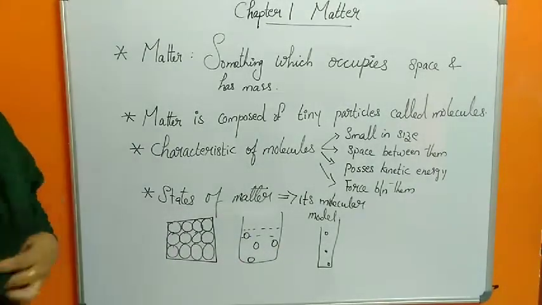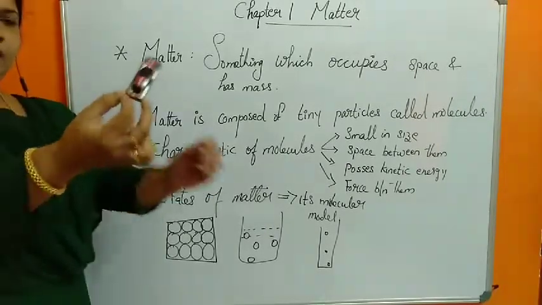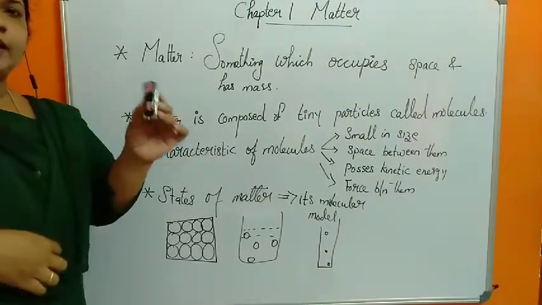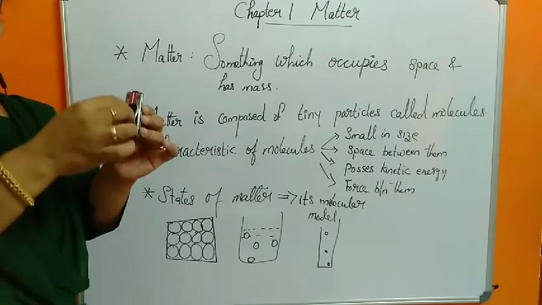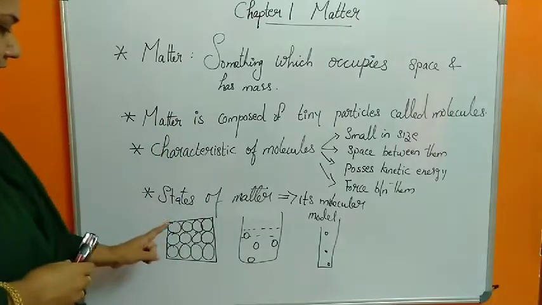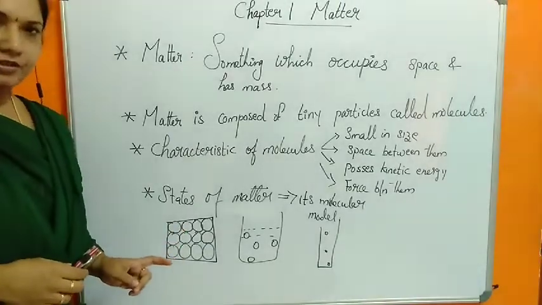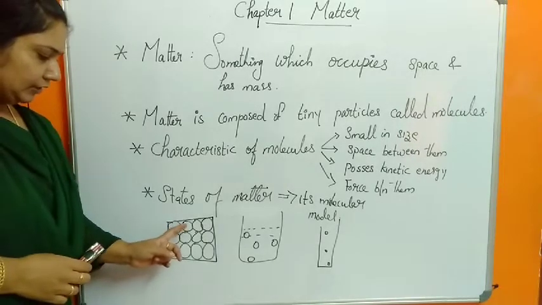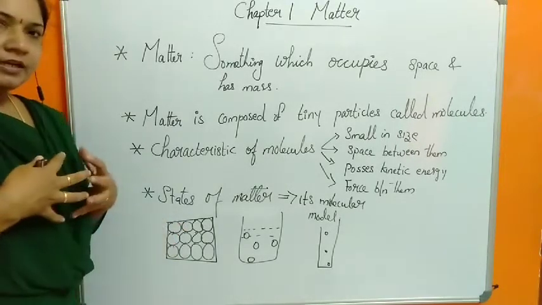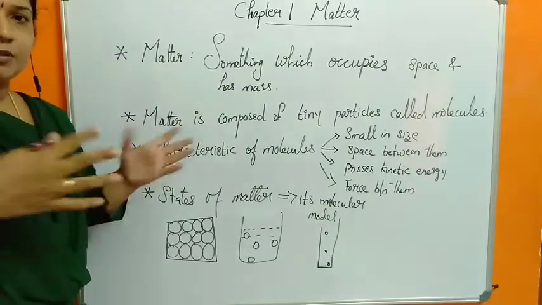For example, I can show you in a solid, as I told, all the molecules are tightly packed. So the molecules are not allowed to move out because they have a strong intermolecular force of attraction. Here you can see 2 molecules. These 2 molecules have a strong force of attraction so that they are not able to separate.